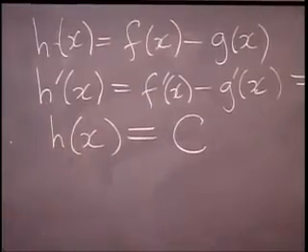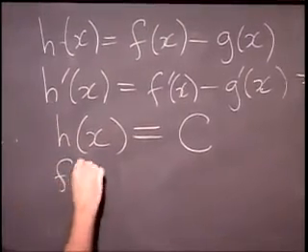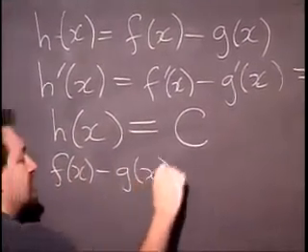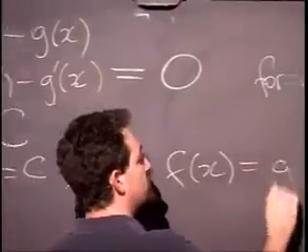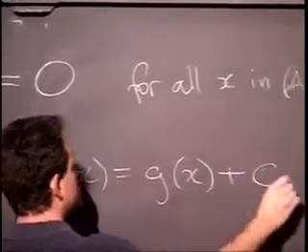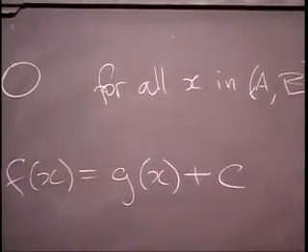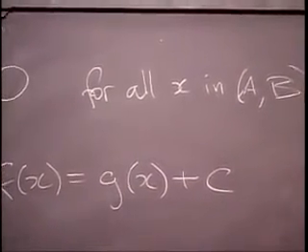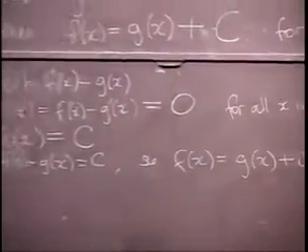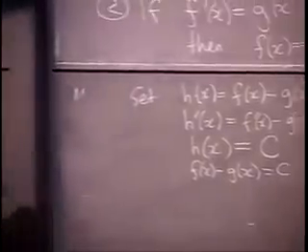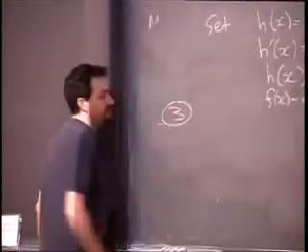And of course, this means that f of x minus g of x is c. So f of x is g of x plus c. And that is the proof. Okay? Again, you probably don't need to know that. I've never seen a question asked exactly like this, but anyway, it didn't take very long, and it's kind of important. Any questions about either of those two?